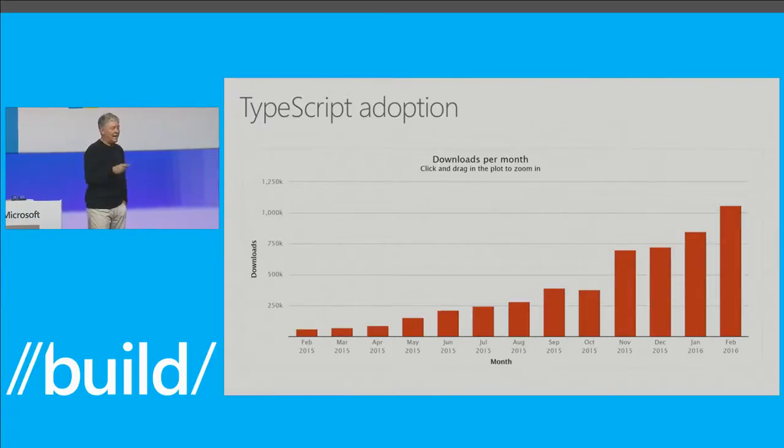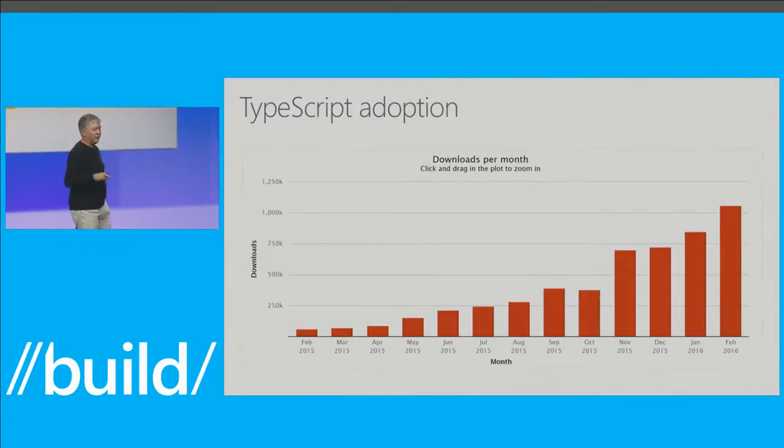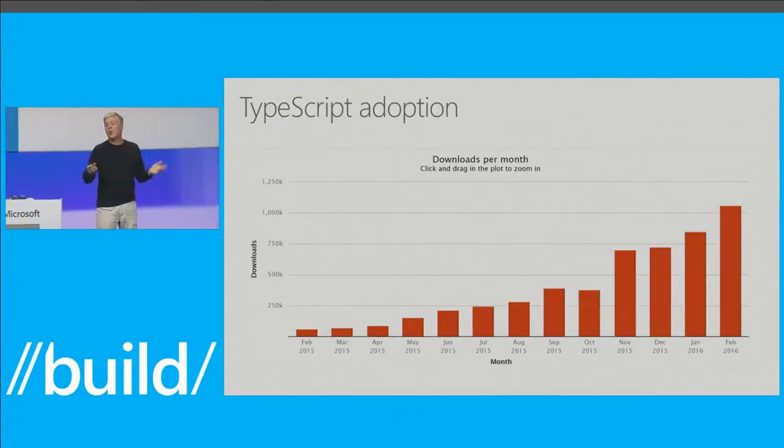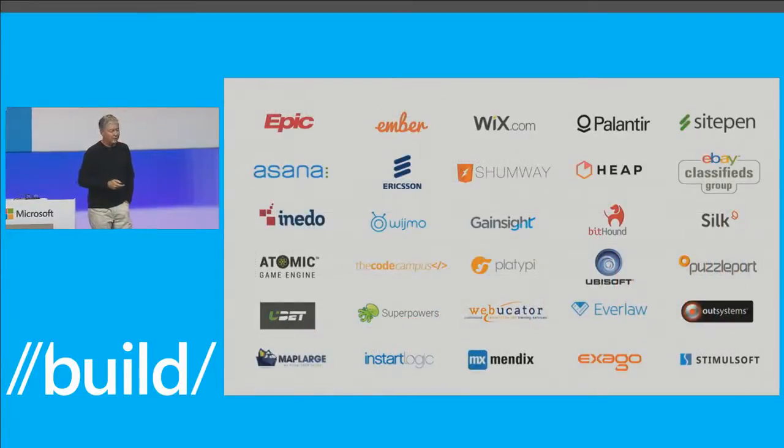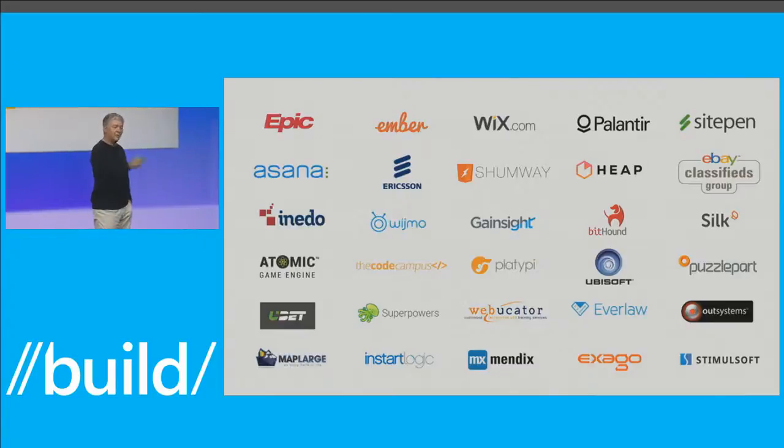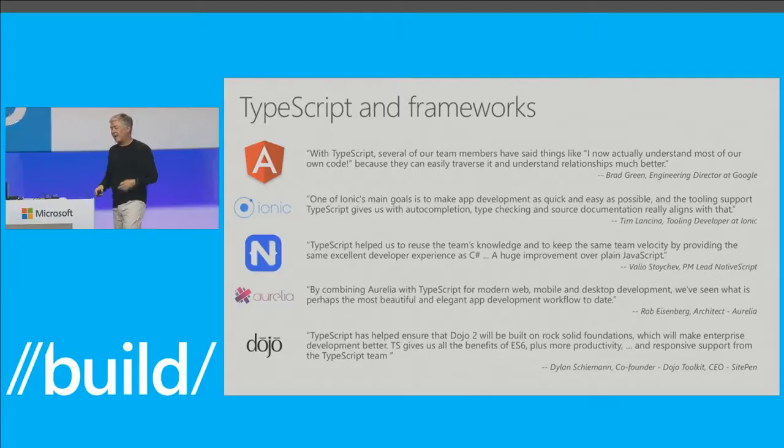Just last month we went over 1 million downloads per month on NPM. Now, of course, these are not individual users. This is a lot of auto-provisioned stuff, but nonetheless, there's enormous traction in the community. Lots of people are friends of TypeScript, and if you're a friend of TypeScript, please go add your logo to the page. And finally, I'll leave this slide up.